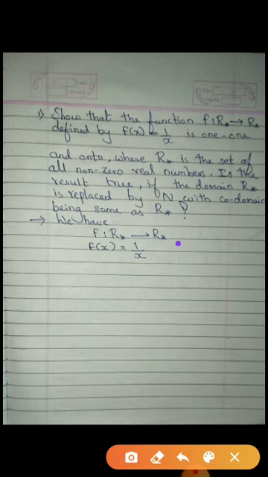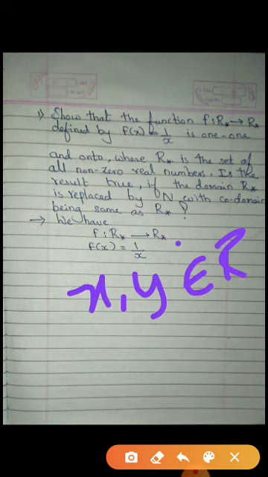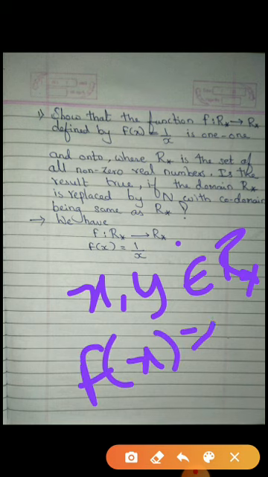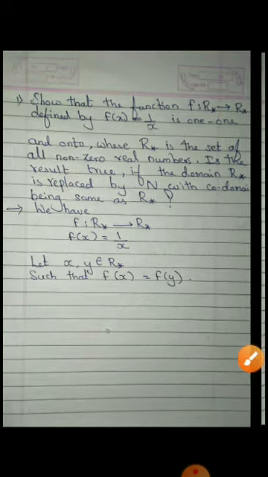So first write whatever is given to you. To check it is 1-1, always take any two elements of your domain. Now your domain is R star. Consider f of x as f of y and check whether you will get x equal to y. Okay.